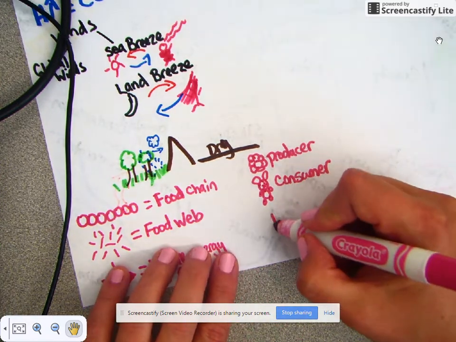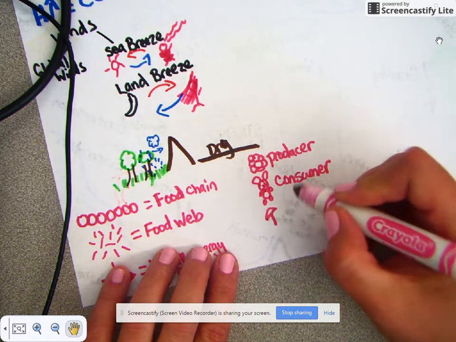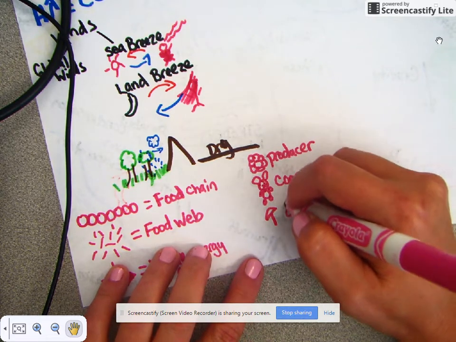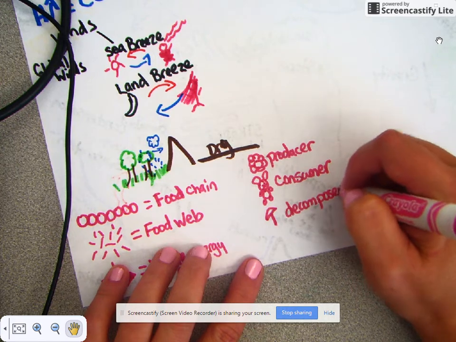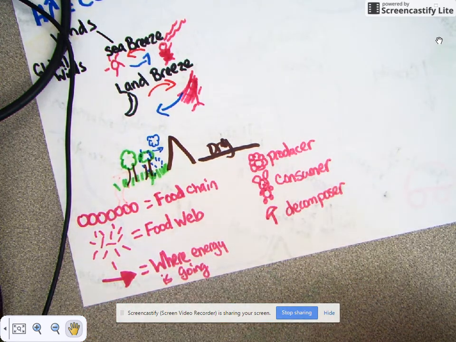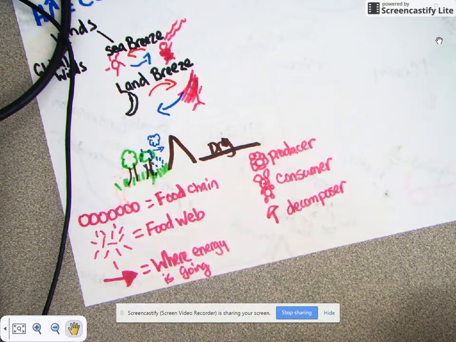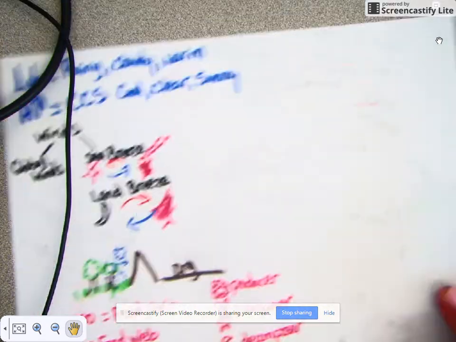And then I'm going to draw my most beautiful mushroom, which is a decomposer. And remember, without decomposers, we would have a whole bunch of dead stuff just hanging out in the back playground, because after something dies, it's just going to hang out there. So bugs and animals, those things, the decomposers help to break them down and return their nutrients back to the soil. Okay? Now we're going to move on.